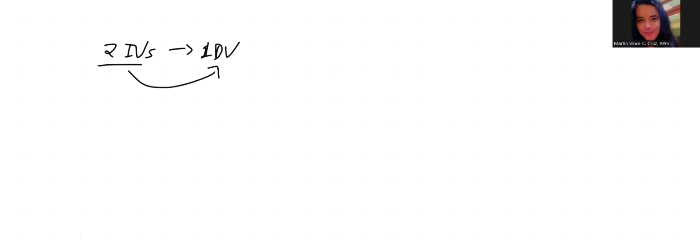So the best analogy that we can give here, especially if you are a coffee drinker, just like me, is the instant coffee analogy. Because sa instant coffee, 3 in 1, kumbaga. Bakit naging 3 in 1 ang factorial study?